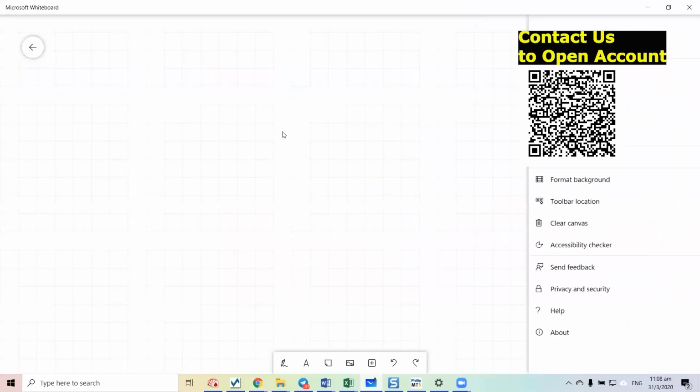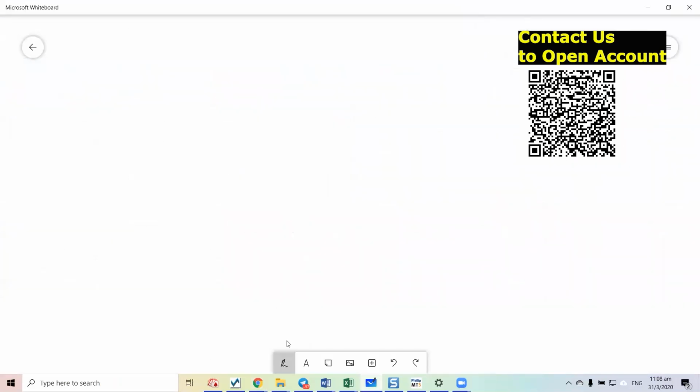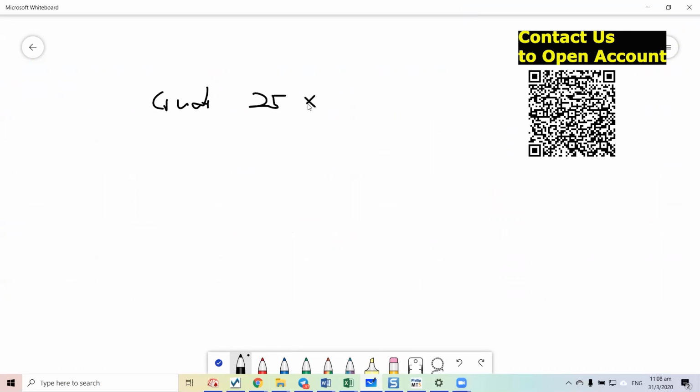So if we need to trade crude oil, crude oil now is 25, and then we times 100. That is the contract value. We call it contract size.